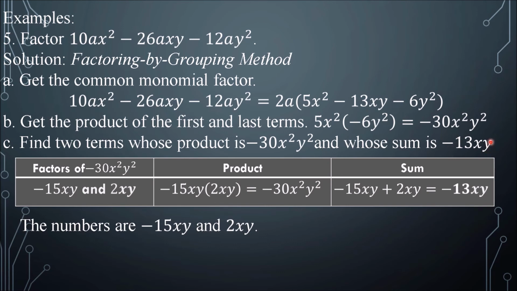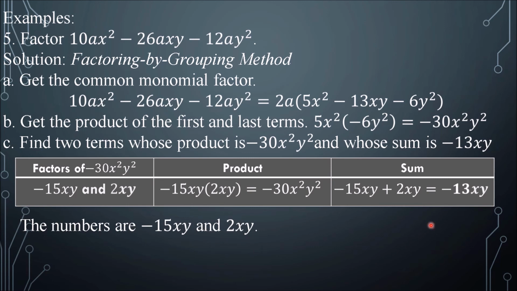So negative 13xy came from this, not here. Now, factors of negative 30x squared y squared, we have negative 15xy and 2xy. Why is that? Because the sum of negative 15xy and 2xy is negative 13xy. That will be our middle term. Therefore, the two numbers are negative 15xy and 2xy.